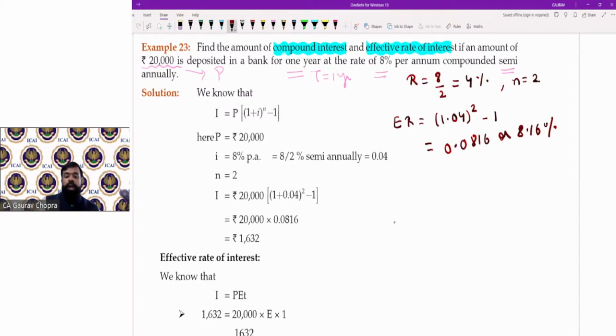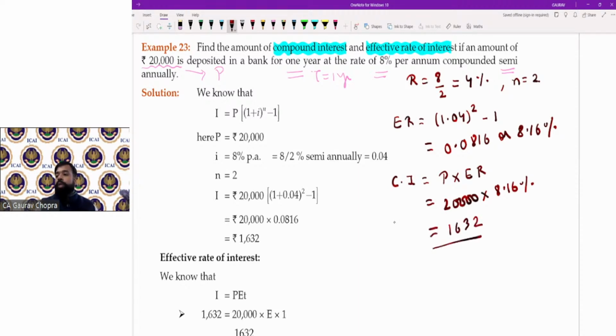Now, what you require is compound interest on rupees 20,000. So compound interest is equal to principal multiplied by effective rate. What is the principal? 20,000 multiplied by 8.16%. You will get the answer. How much? 1632. This becomes your compound interest. So in this way, you can easily calculate your compound interest.